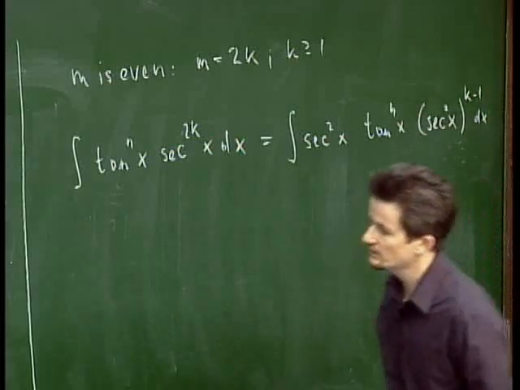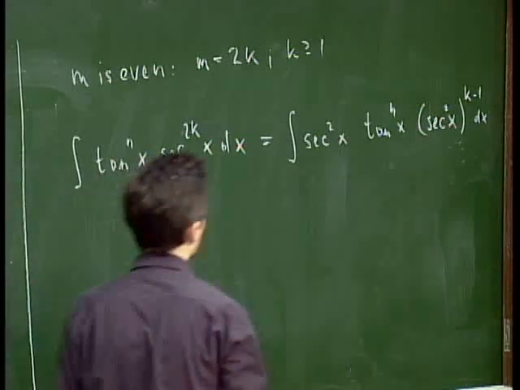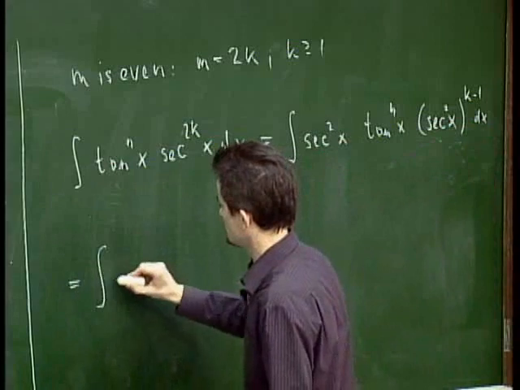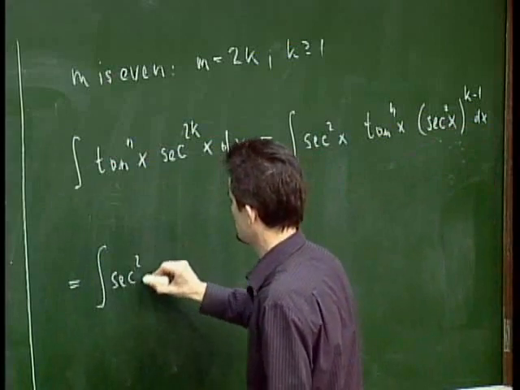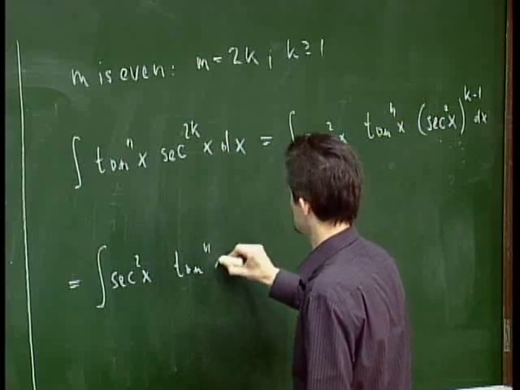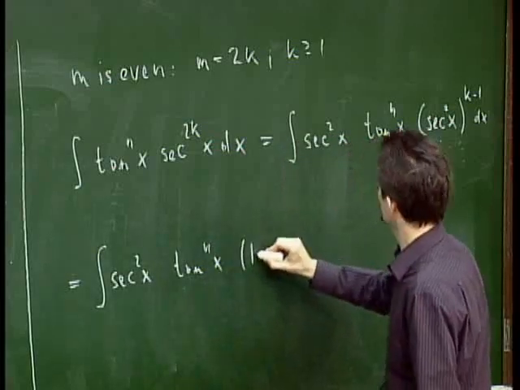Now we use this formula in order to rewrite the remaining parts in terms of tangents. So we have the integral of secant square of x times a function which is just in terms of tangent.